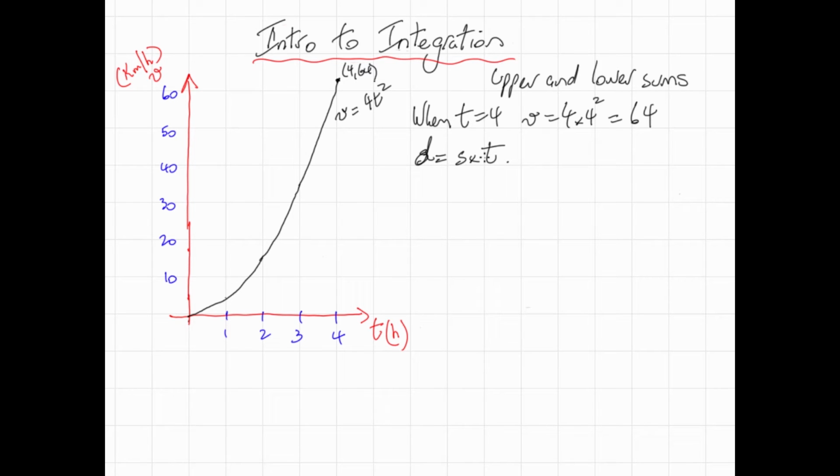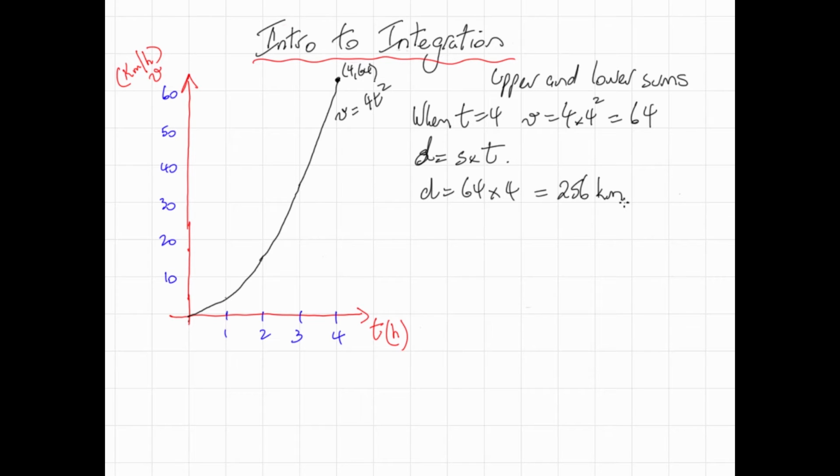One way to do a very rough approximation is to multiply its final speed by the time. So the distance would be its final speed, 64, multiplied by 4, and we get 256 kilometres. Now obviously that's nowhere near the right answer.